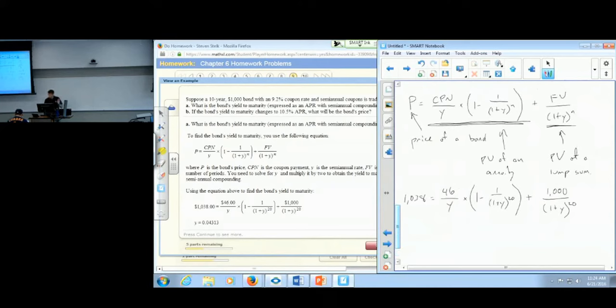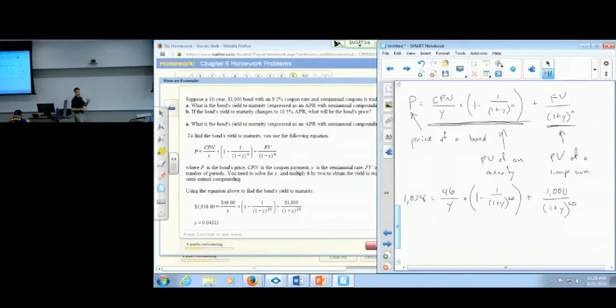Okay, so all we've got to do is find the y that makes that statement true. Does anybody remember how to do that from algebra? Yeah, so we need to get all the y's together and have them just on the left side of the equation, have all the numbers on the right side.